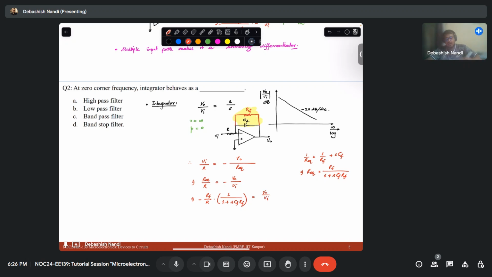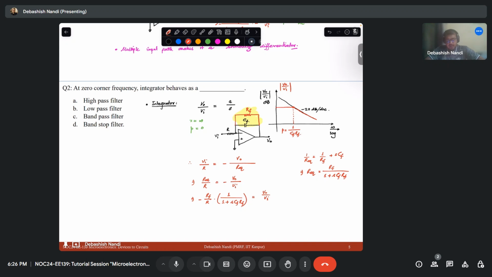Okay. So now in the same plot, if I plot V0 by Vi, then what will I have? At S equal to 0, I have a finite gain, that is minus RF by R. Modulus of that will give me something like this. It will not give me infinite gain. It will hit a pole at this location, let's say this will be the location of CFRF, the pole location.